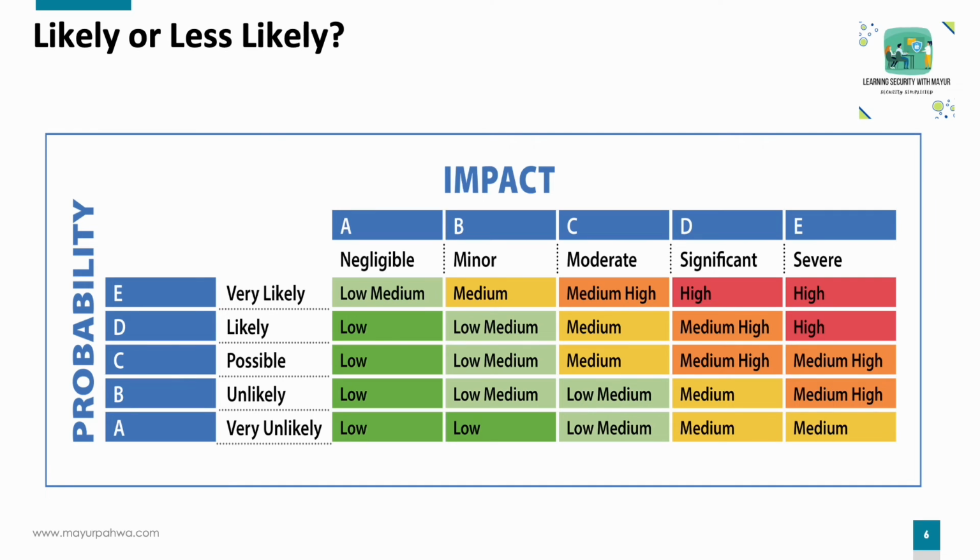However, if a tsunami comes, it will have a severe impact on the organization. Taking both these parameters into consideration, the overall risk would be medium high, and that is the way risk can be assessed. The next step is to suggest countermeasures based on the risks that have been identified. We'll discuss more on the countermeasure selections in upcoming episodes.